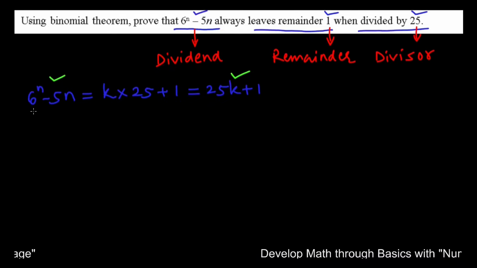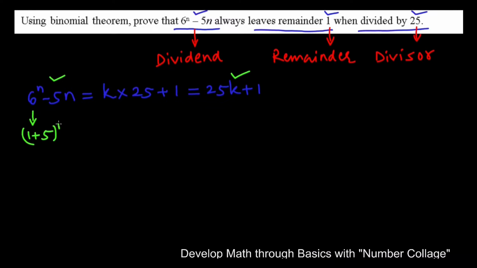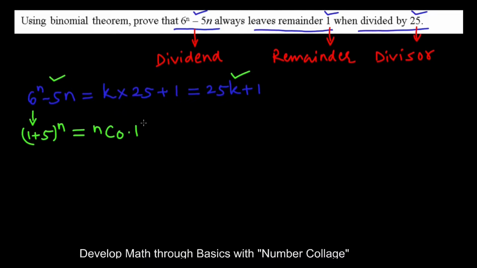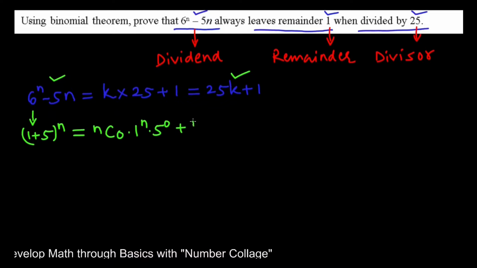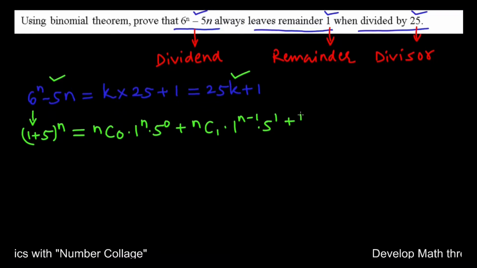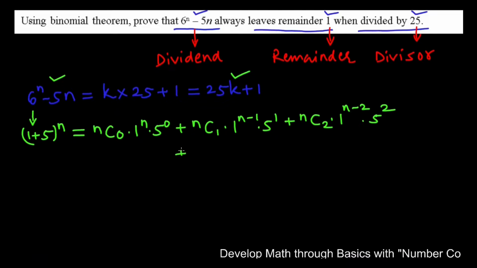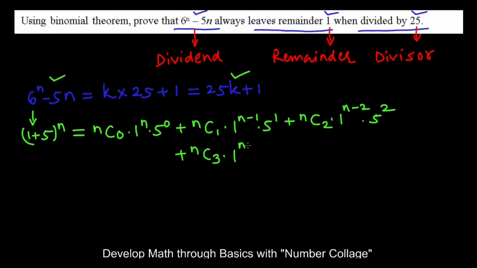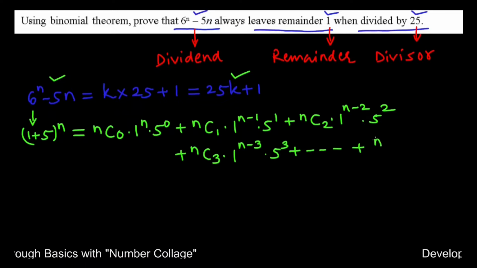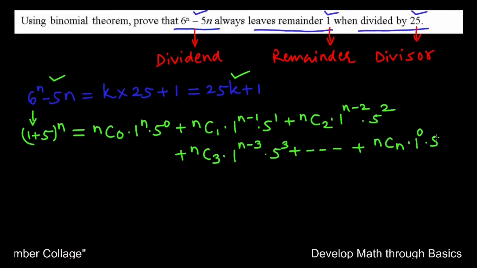Now we will split this 6 in the binomial as (1 + 5)^n, whose binomial expansion will be nC0 1^n 5^0 + nC1 1^(n−1) 5^1 + nC2 1^(n−2) 5^2 + nC3 1^(n−3) 5^3 + and so on, plus nCn 1^(n−n) 5^n.